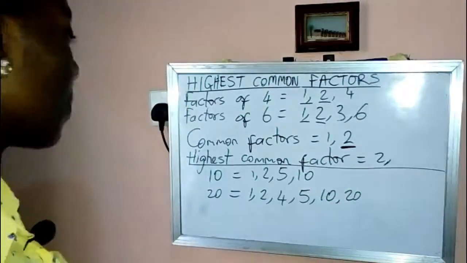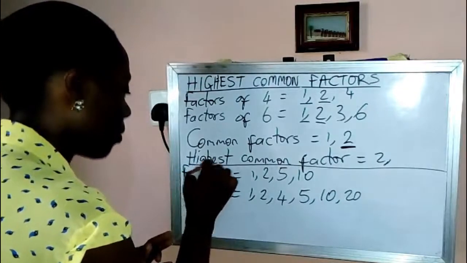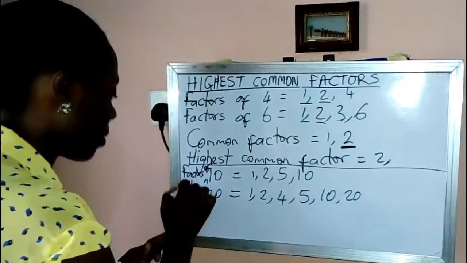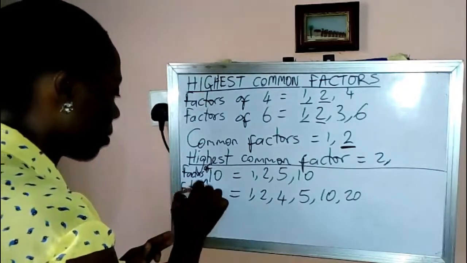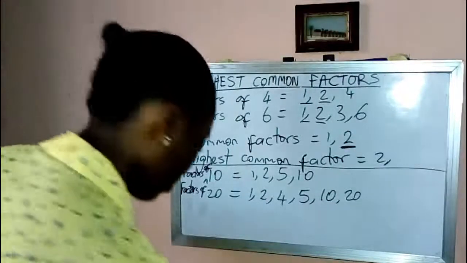Now, remember I'm talking of factors of this and factors of this. Factors of 10, factors of 20.